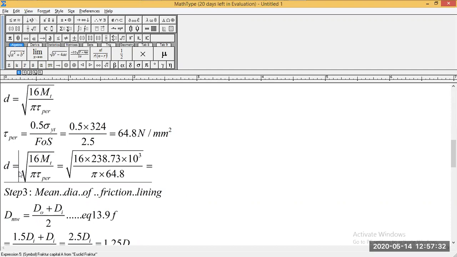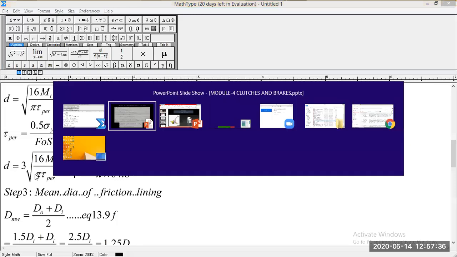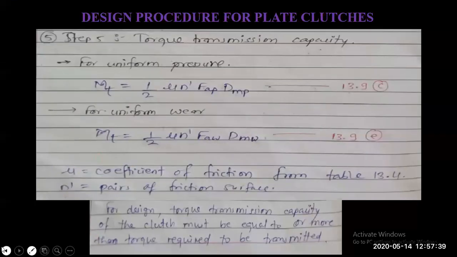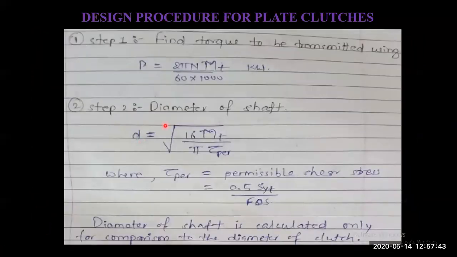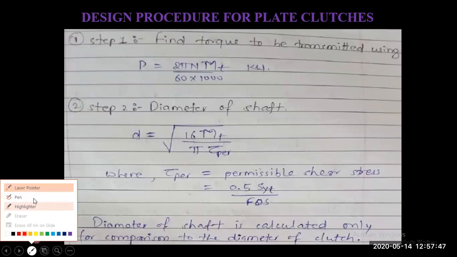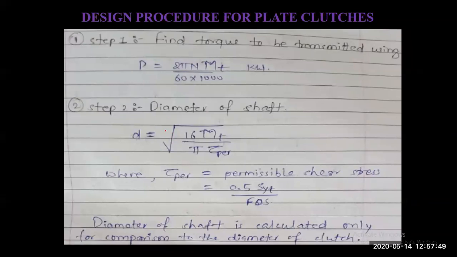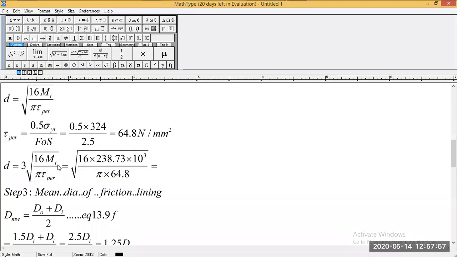It is actually a cube root. You make a small change here. I forgot to put it here. So there's a 3 here. There is a cube root of this value. So that means here also it is a 3.